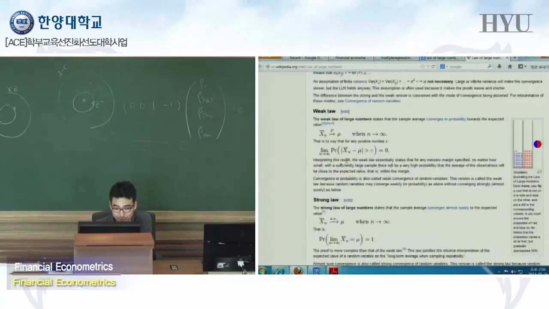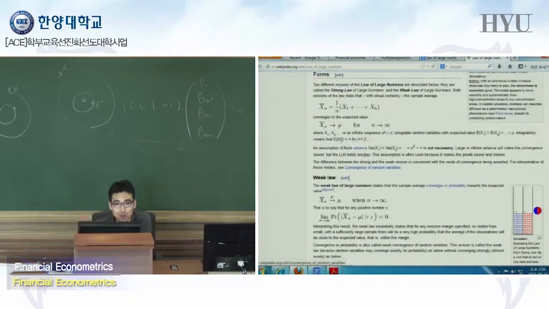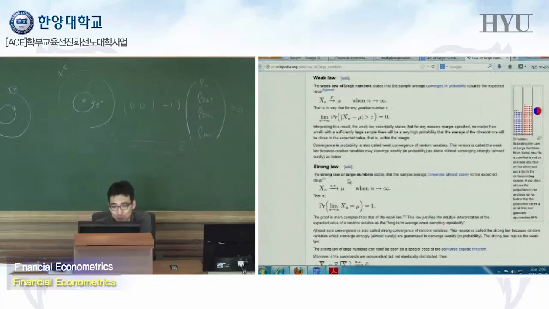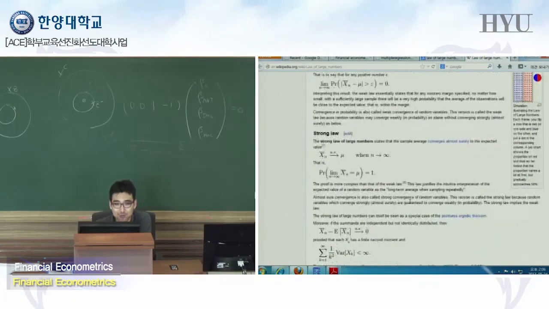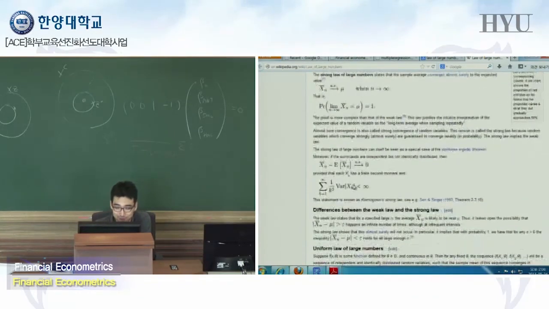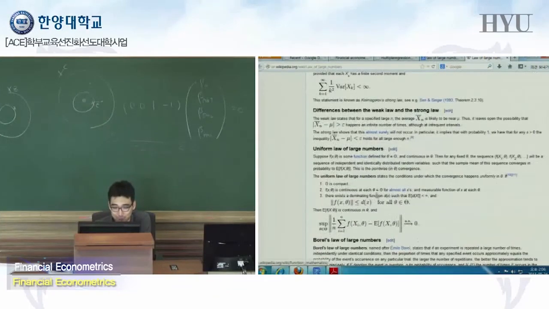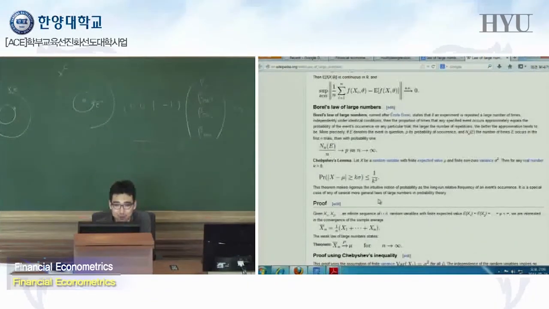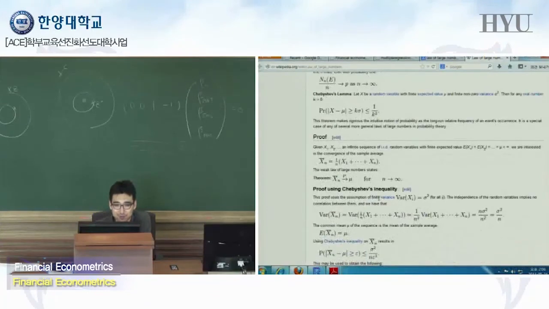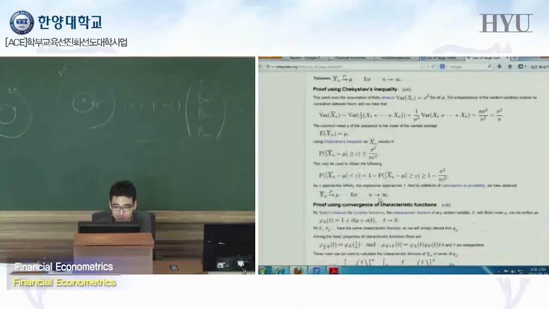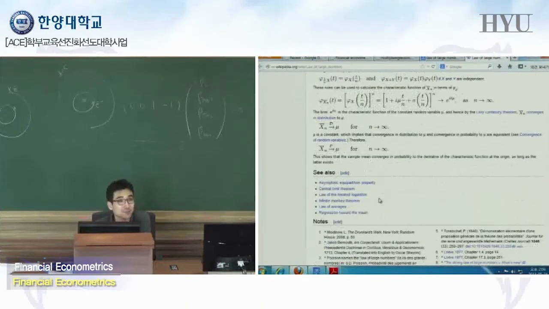The strong law states convergence almost surely, that is, converges with probability 1. So it is basically the difference between whether the limit is outside or inside the parentheses. Then there are the uniform law of large numbers, Borel's law of large numbers, and the proof. I think this is interesting.